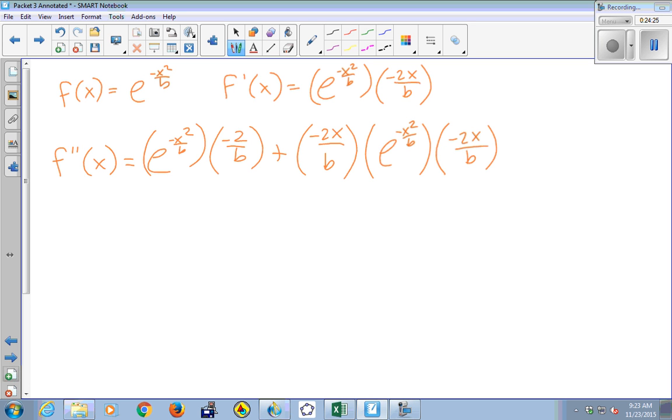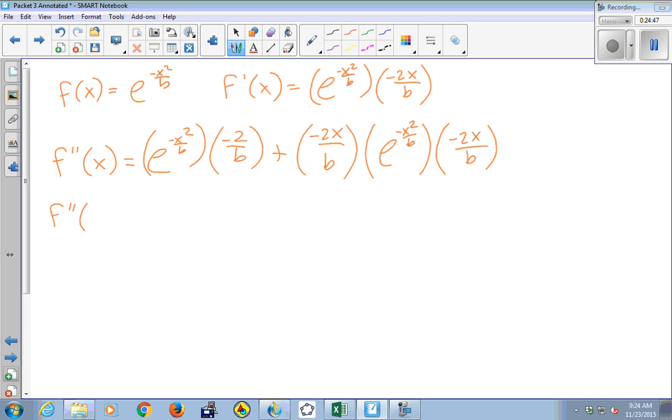So that's my second derivative. That's what's going to tell me about concavity. What I'm interested in right now is the concavity when x is 0, because that will tell me whether I have a max or a min. If it's concave down, it's a max. If it's concave up, it's a min. We did this already, I'm just doing it another way to verify.